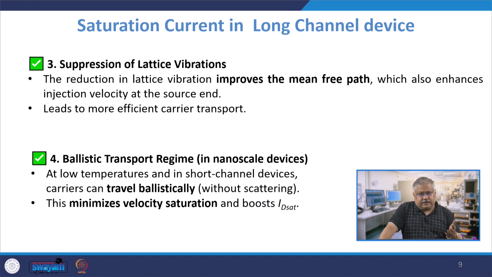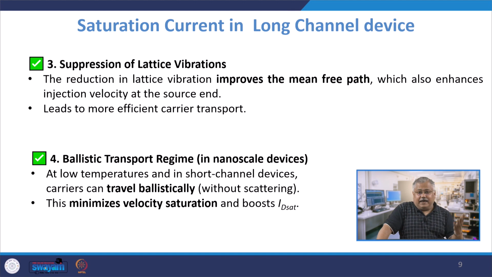Now, as I discussed with you, suppression of lattice vibration primarily means that since the vibration is reduced, the mean free path improves or becomes larger. It is something like moving across a room full of people: your average mean free path will be low and your velocity will be small, because you will be striking a larger number of people per unit length you cover as you move from one end of the room to another.